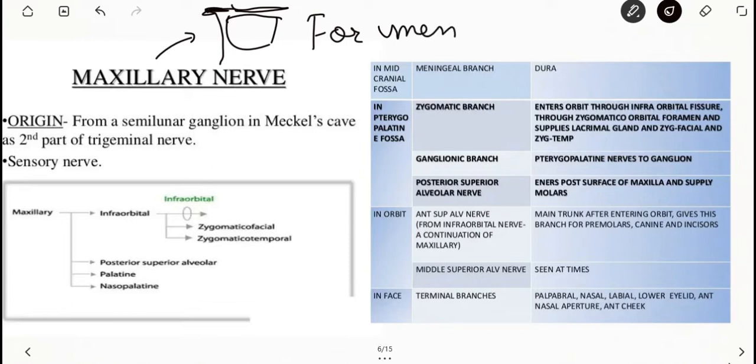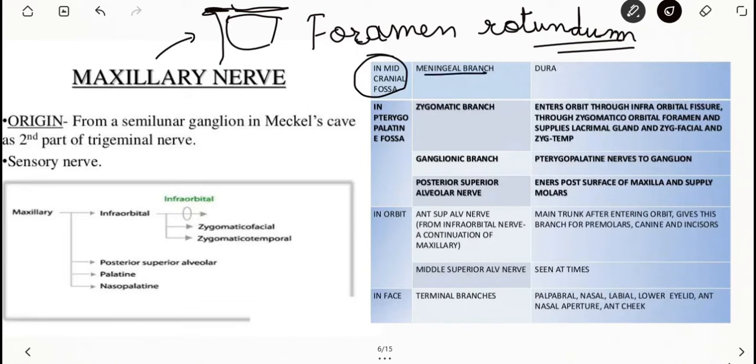From an examination point of view, the maxillary nerve leaves through the foramen rotundum. In the middle cranial fossa, it has a meningeal branch that supplies the dura.